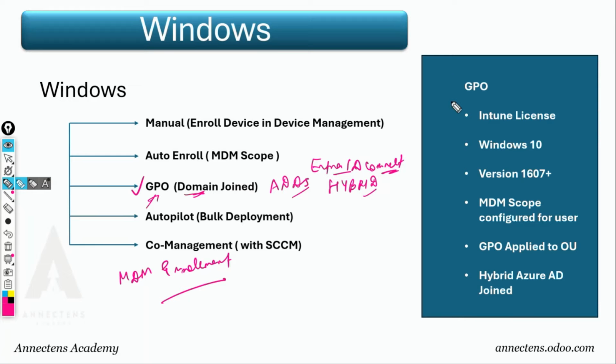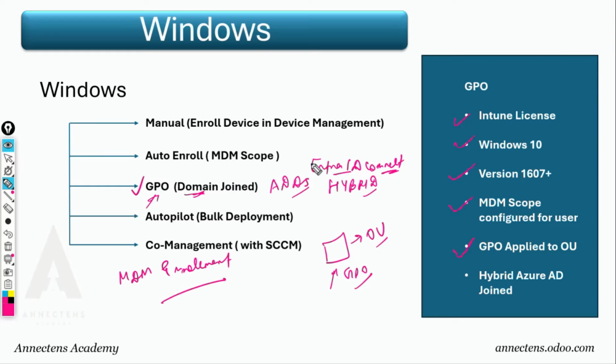What we require for this: an Intune license, Windows 10, version 1607, MDM scope to be set, and GPO to be applied to the OU. If the machine is not part of the relevant OU, the group policy will not apply.